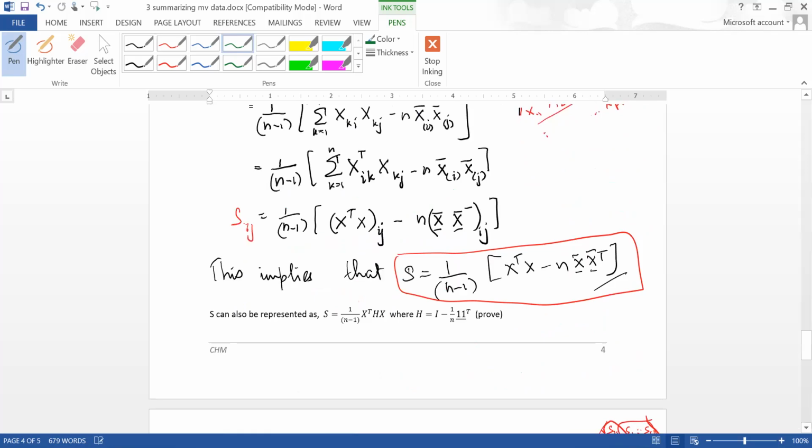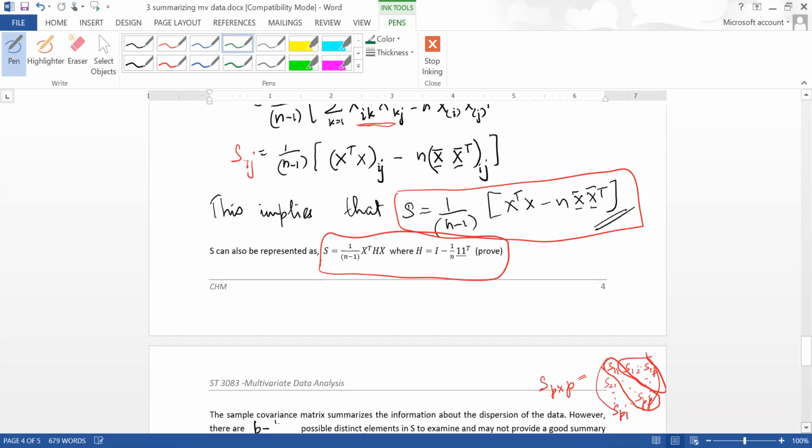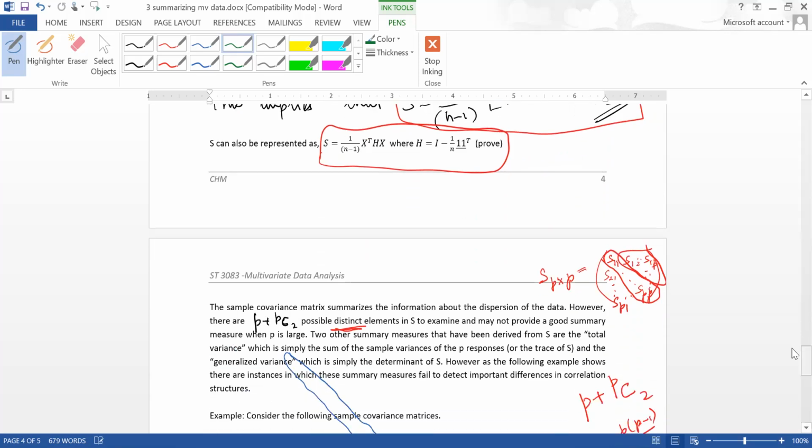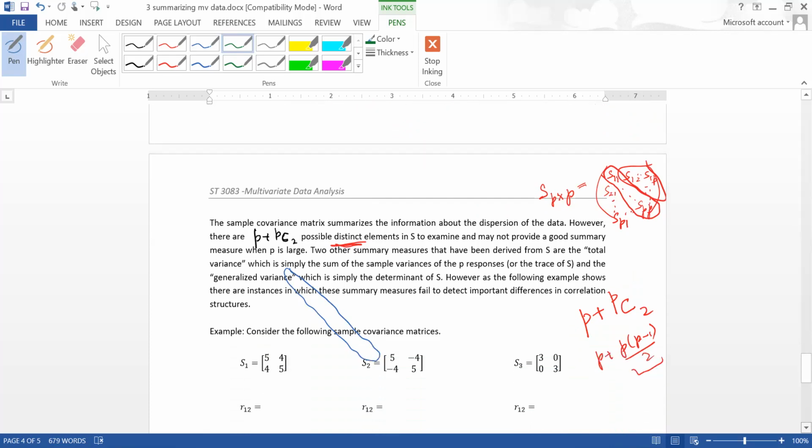Yes, madam. Okay, thanks. So that's the number of distinct elements. Now, again, we are trying to summarize our data.